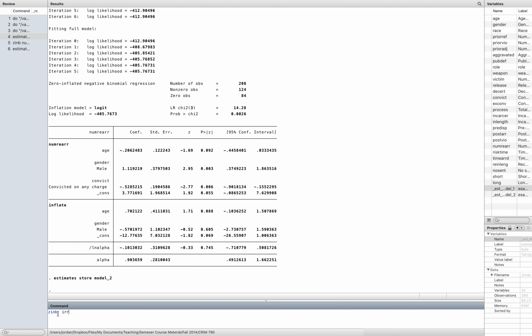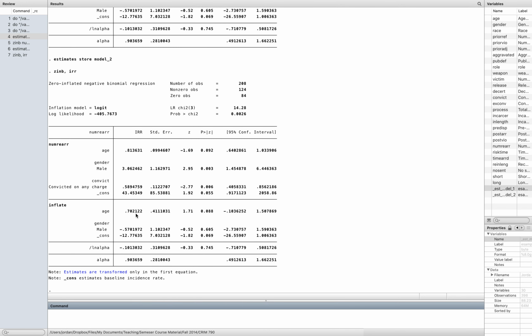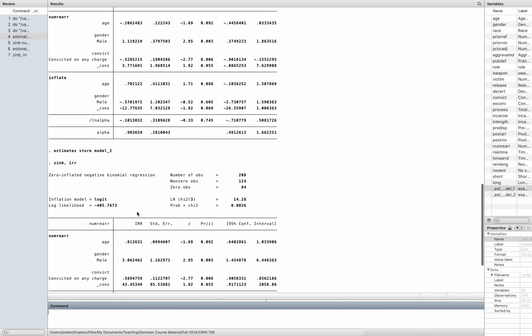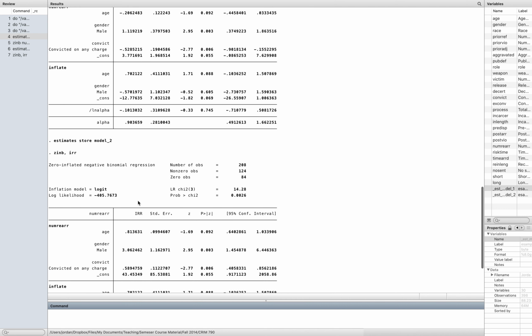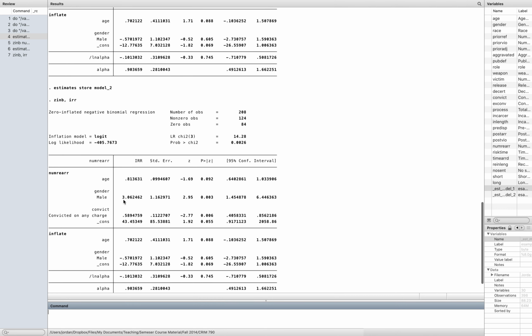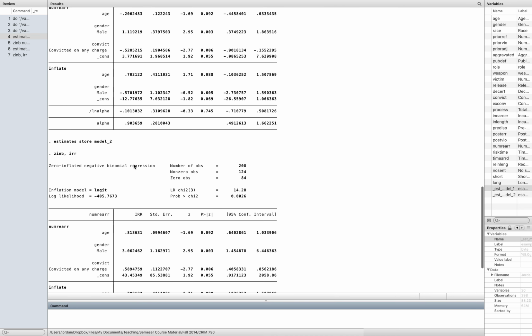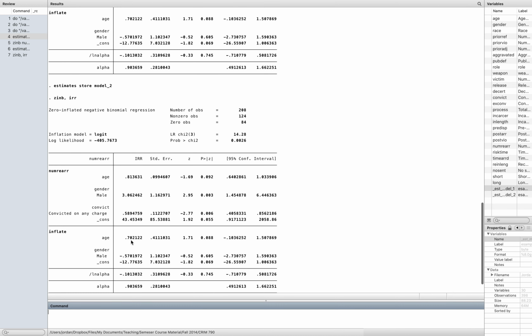But since we're not using that command, we're using zero-inflated negative binomial regression, you can do the IRRs for that to get the rates. And here they are. As you can see, they give you the rates for the negative binomial part of it. But for the odds, they don't. So you can calculate that if you want to convert the log odds to the odds, like I just did with my calculator.